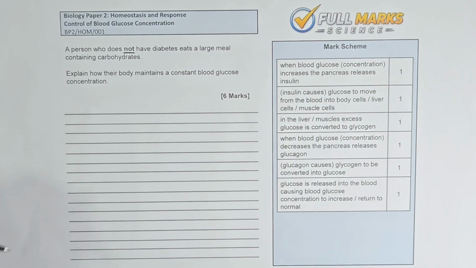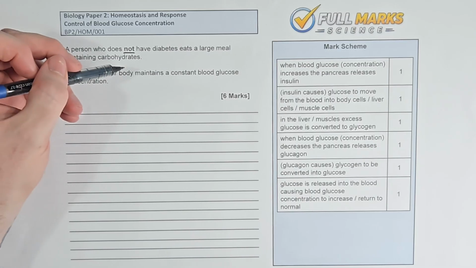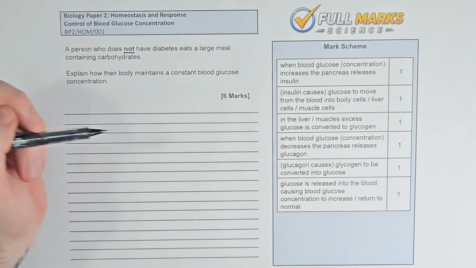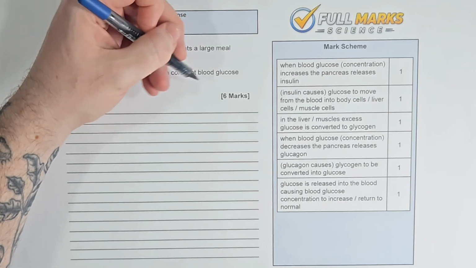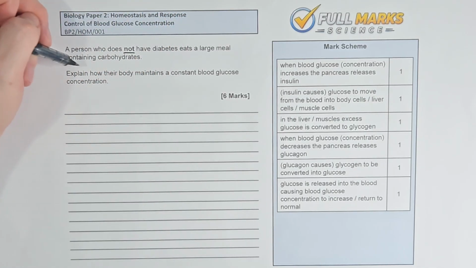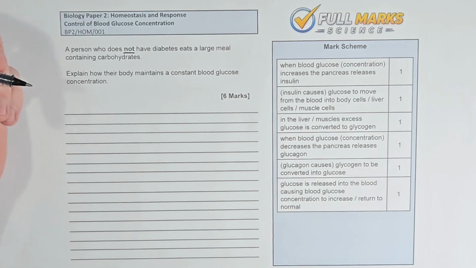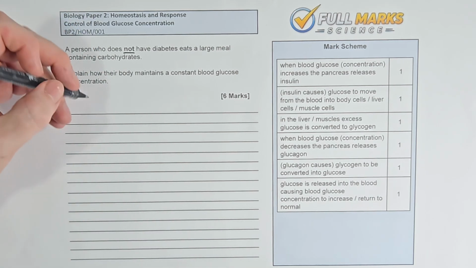So I'm thinking of this like a journey. What is happening from the start to the finish? So the person is eating a large meal containing carbohydrates. So I'm probably going to start to build my answer from that point because it just makes the whole thing a little bit easier to flow through.